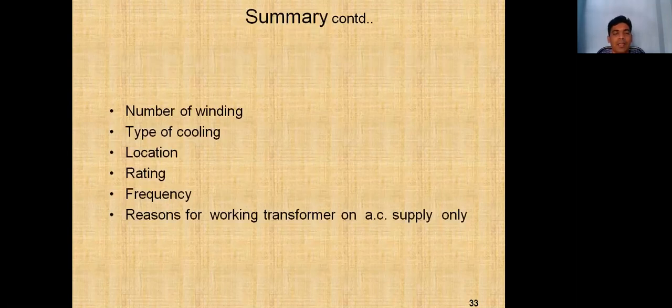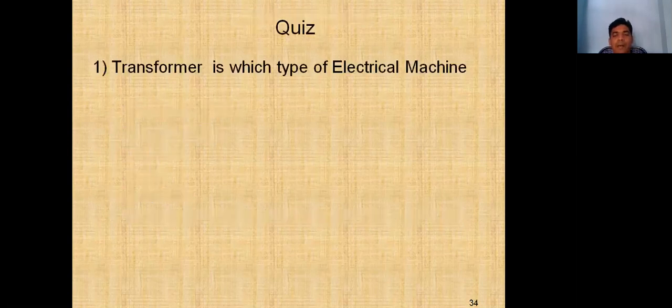For DC, there is no alternating nature, so there is no EMF induced in the secondary winding. Due to the low resistance of the primary winding, high current is produced in the primary, and the transformer may burn.